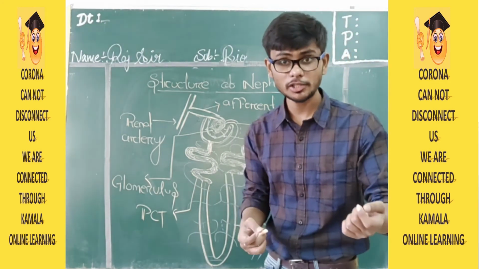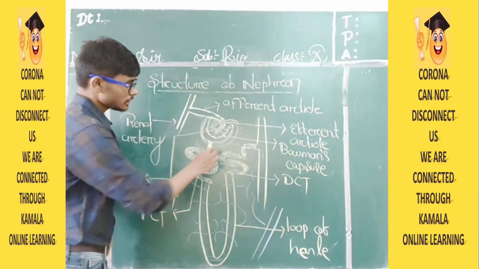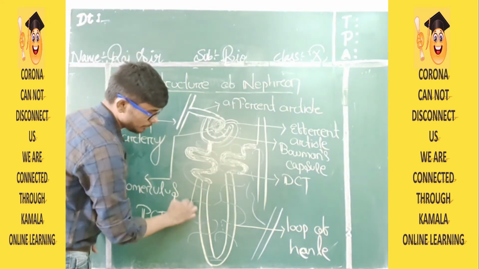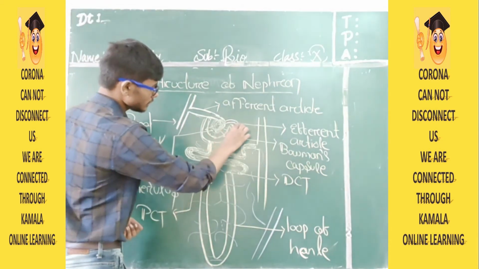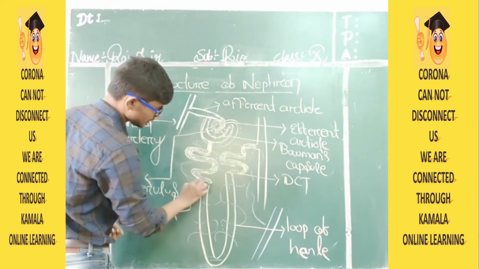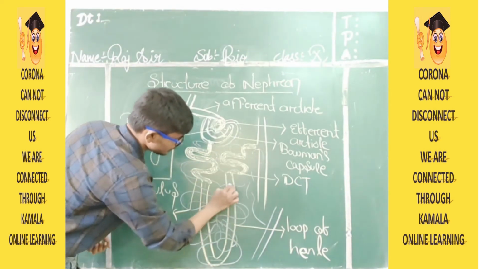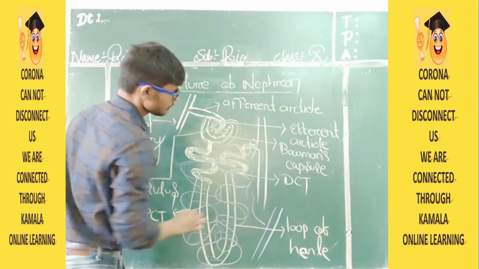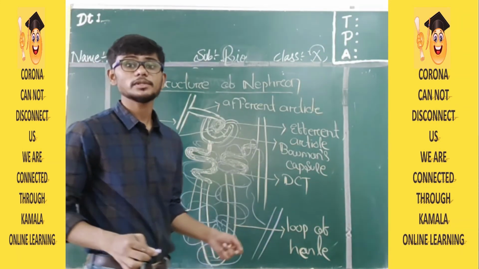Before I talk about tubules, you must know one thing. Around those tubules, you can see violet colour structures I have drawn. These violet colour structures are called capillaries. What are they, students?